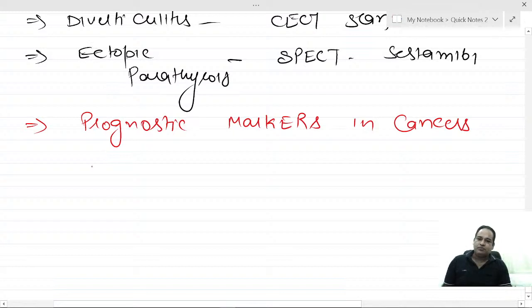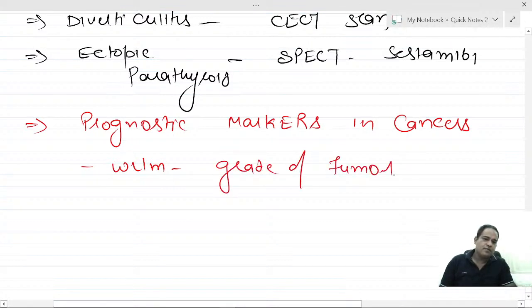Only when we talk about Wilms tumor, the grade of tumor is the most important marker.